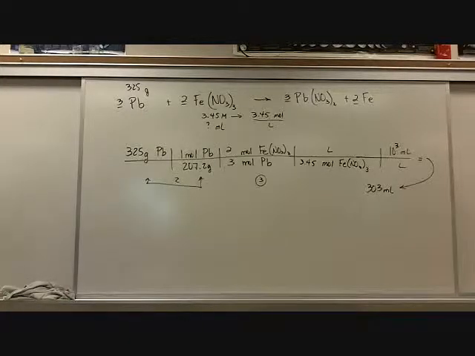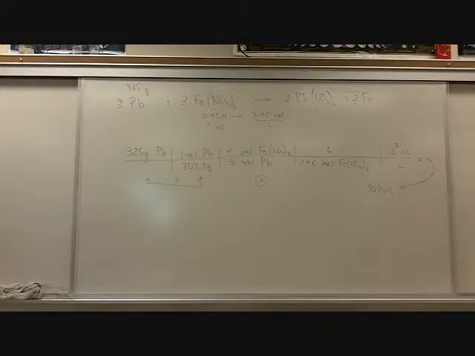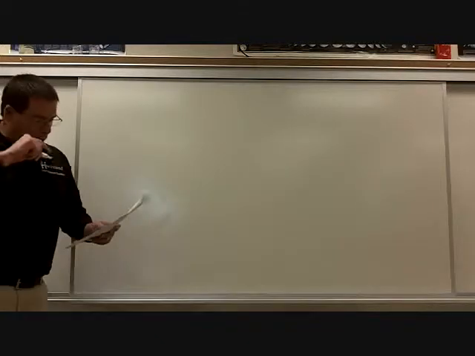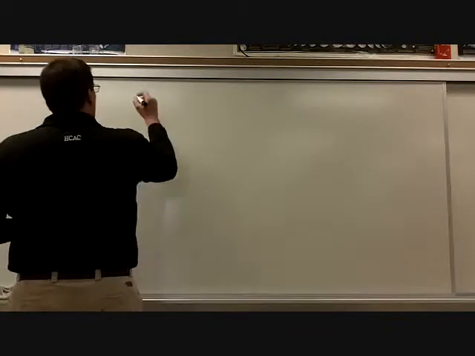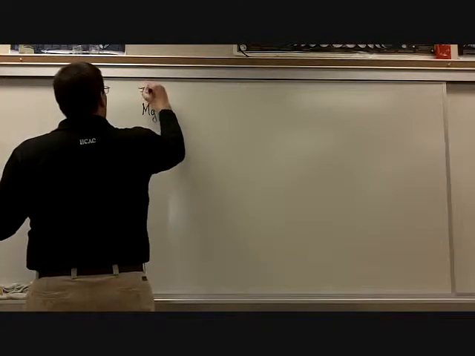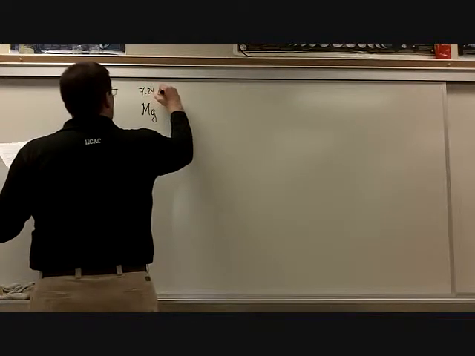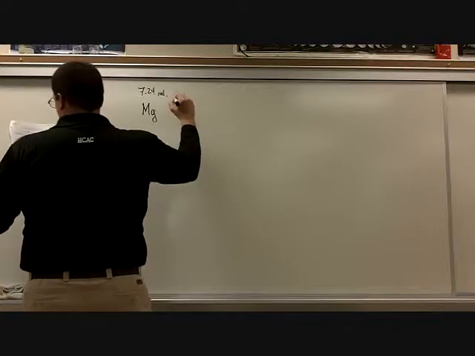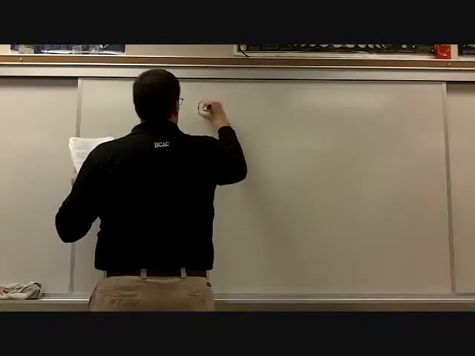Okay. All right. And since I promised you the 5s, I'll do number 5A for you. The homework problem says when 7.24 moles of magnesium, this is limiting reactant. 7.24 moles of magnesium reacts with 3.86 moles of oxygen gas.